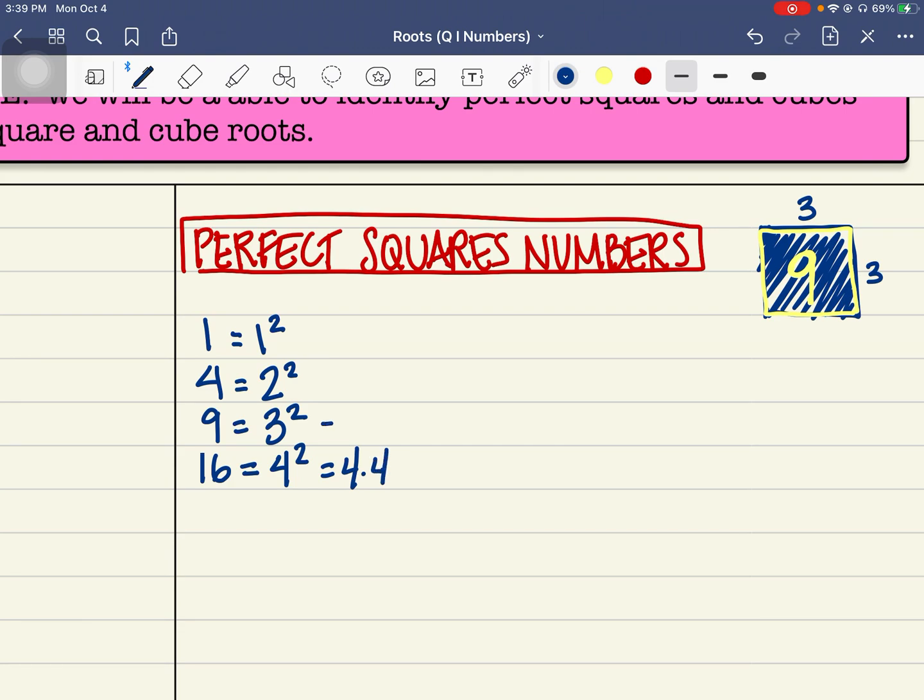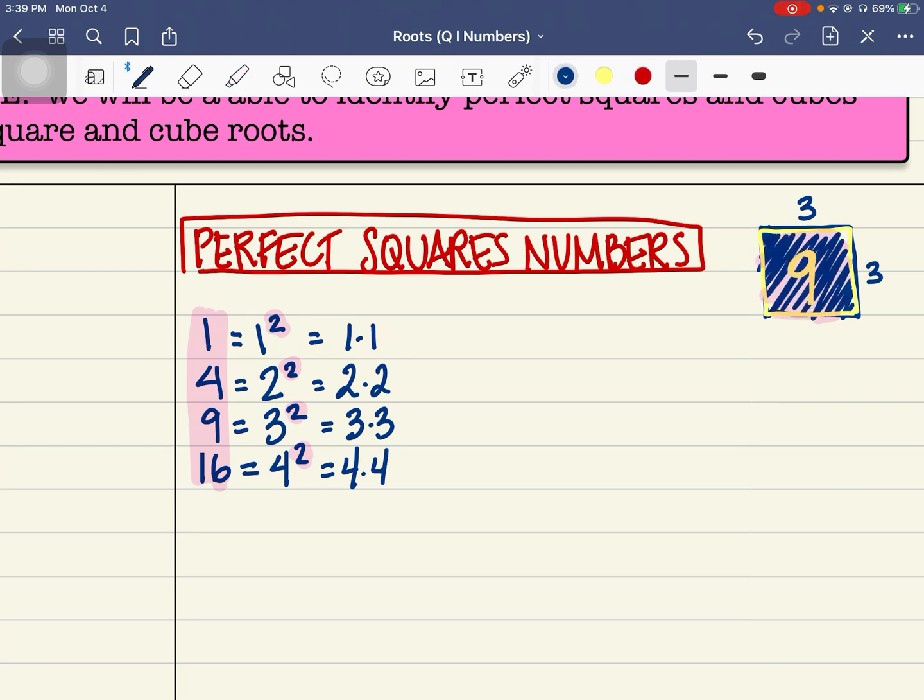So what we're looking for when we talk about a perfect square number are numbers or products that come from two of the exact same factors. And that's why these are called squares, because they make up a square.